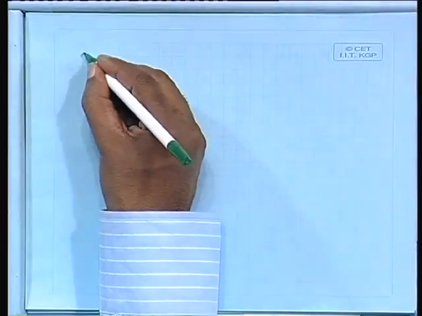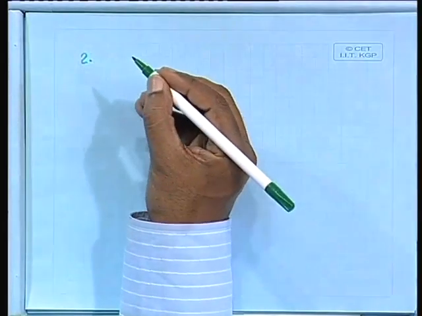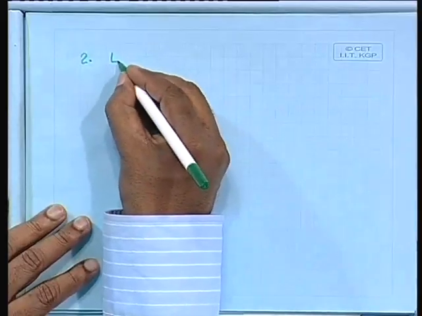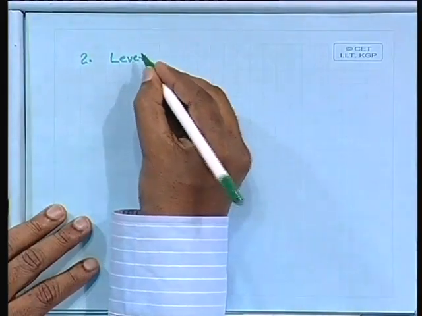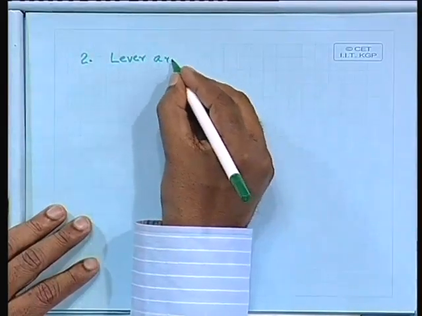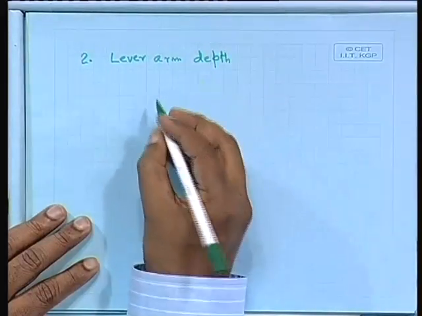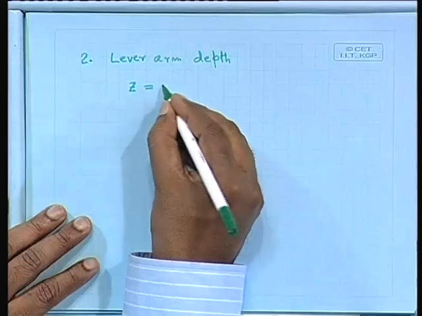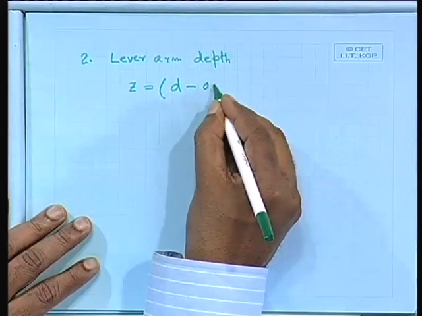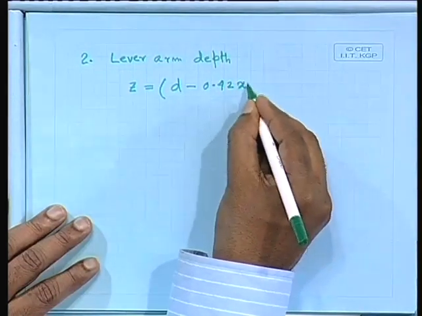Number 2, lever arm depth. Z equal to D minus 0.42x.